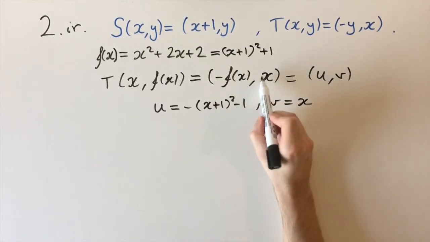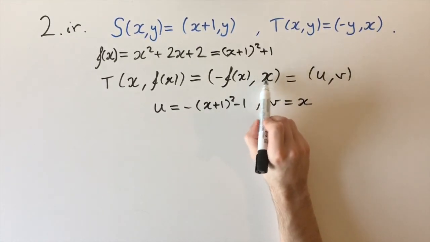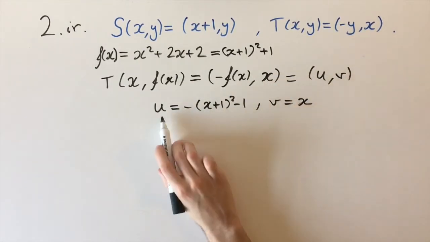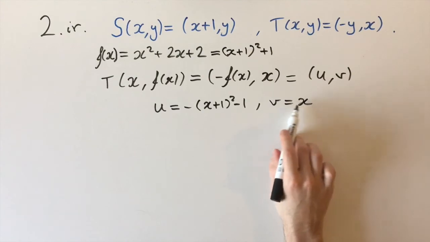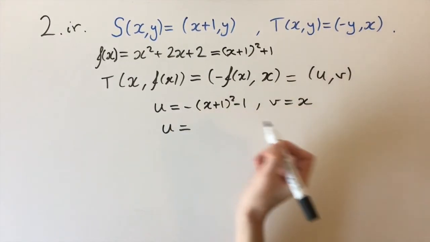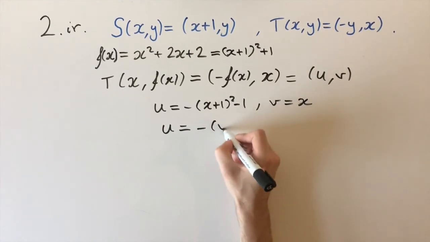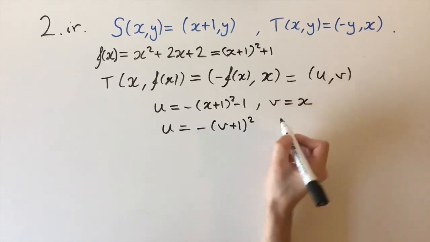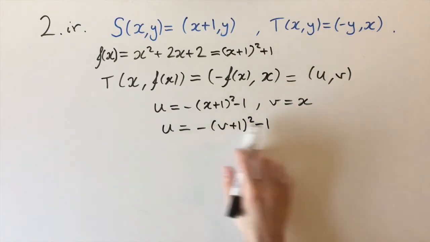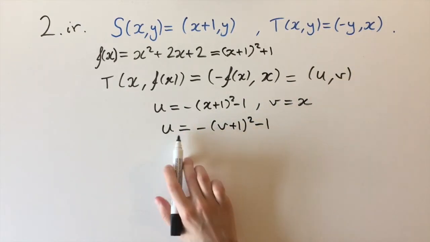So luckily, the second component is actually really nice because it's just x, which means we can try and express u in terms of v, which is very easy. We just replace x by v. So this tells us that u equals minus v plus 1 squared minus 1. And now this gives us a rule that tells us what the image of our parabola is.